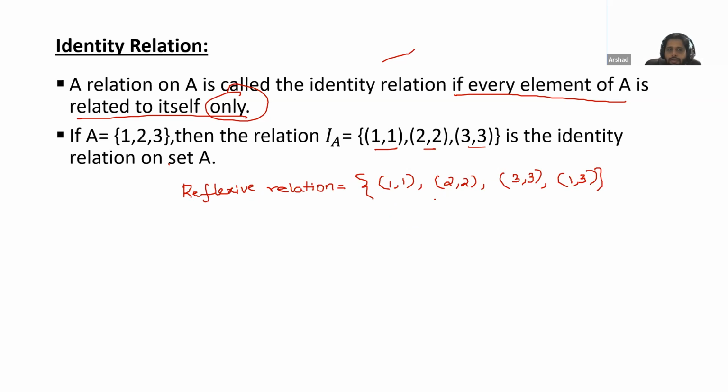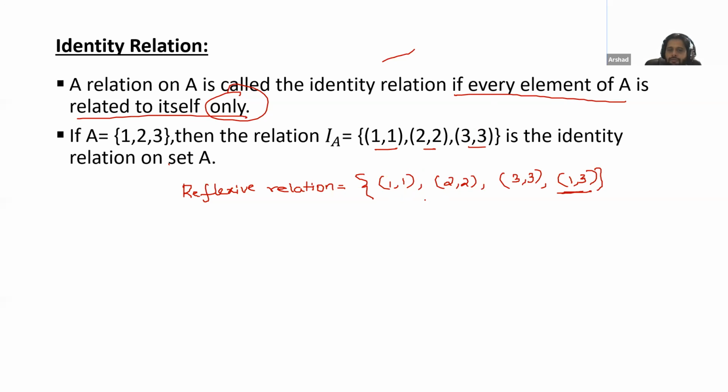But can this be an identity relation? No, this can't be an identity relation because (1,3) is there. So in identity relation, the elements of set A are related to itself only. And what happens in reflexive relation? Elements of set A are related to itself.